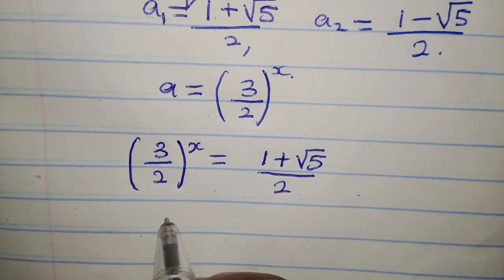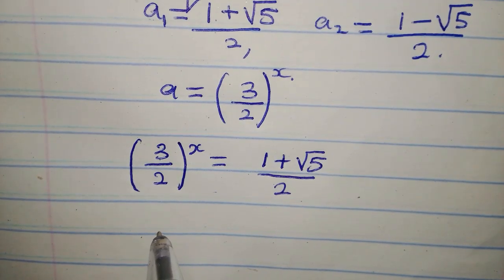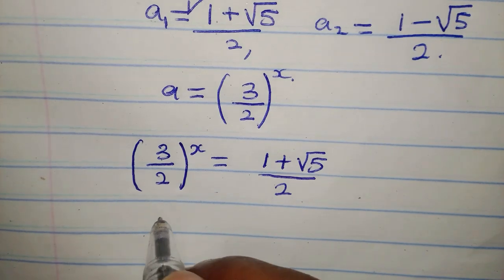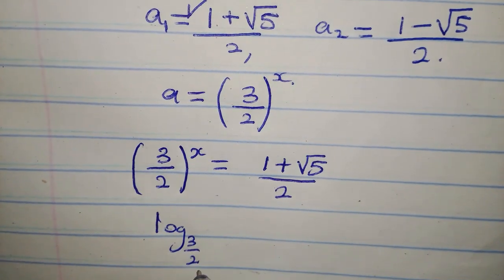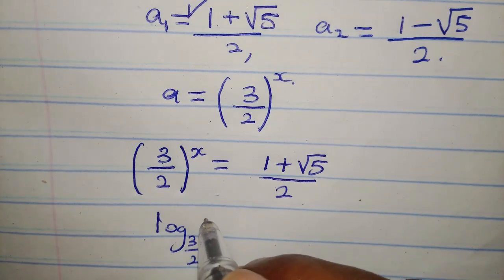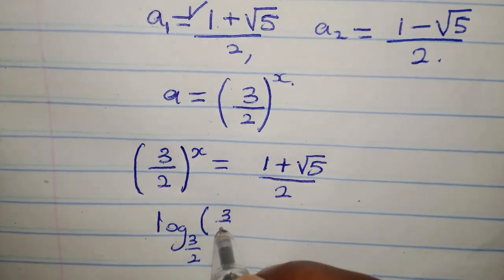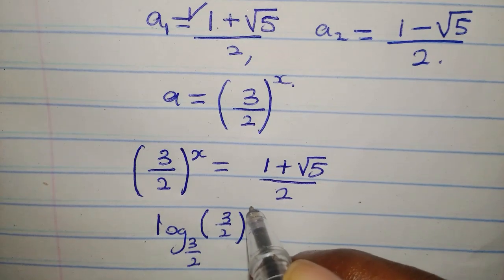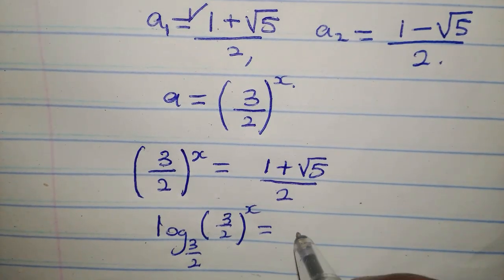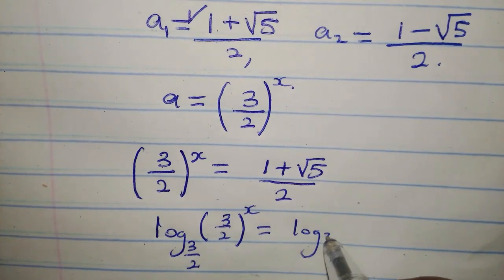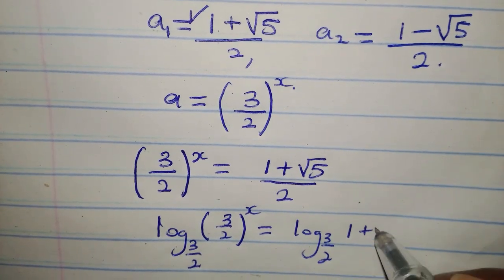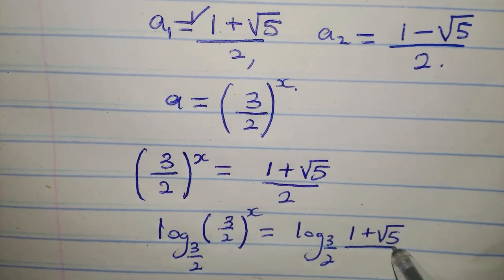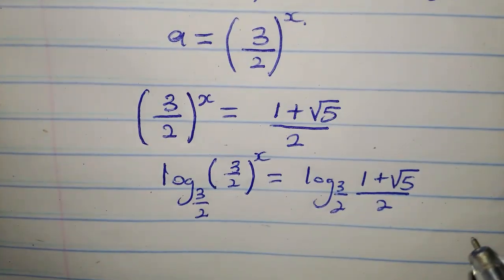We will take the log of base 3 over 2 on both sides. So we can say here, log to base 3 over 2 of open bracket 3 over 2 to the power of x equals to log to base 3 over 2 of 1 plus root 5 divided by 2.